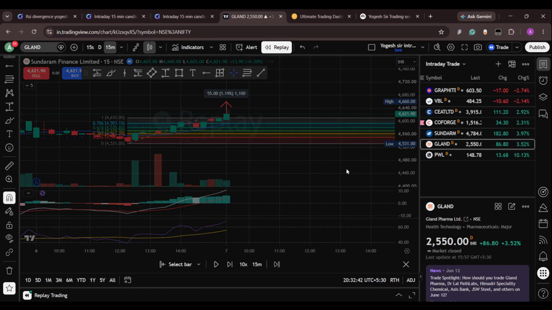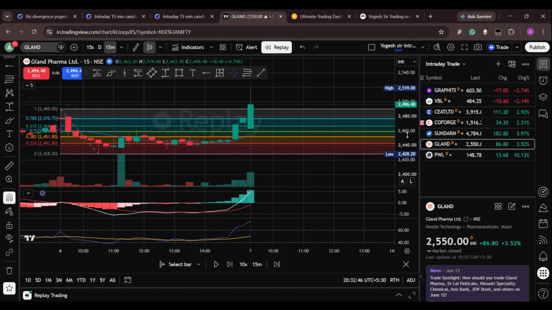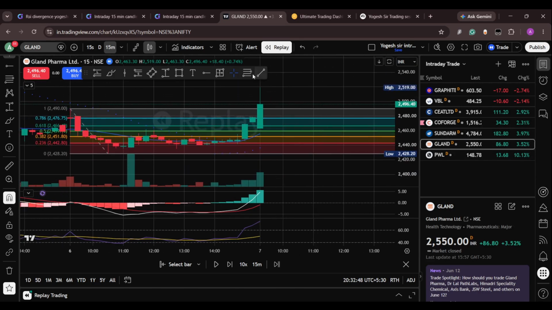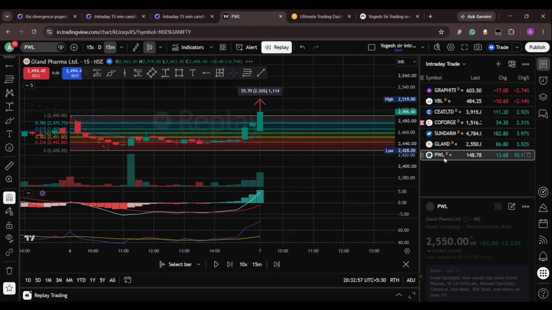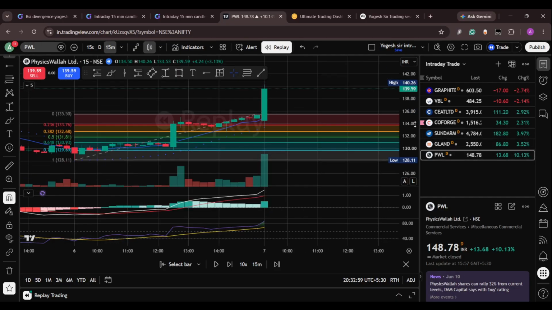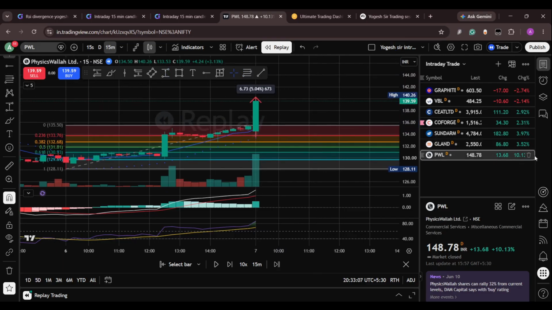1.9. 2.26. And PWL is 5.4, so this is also out.